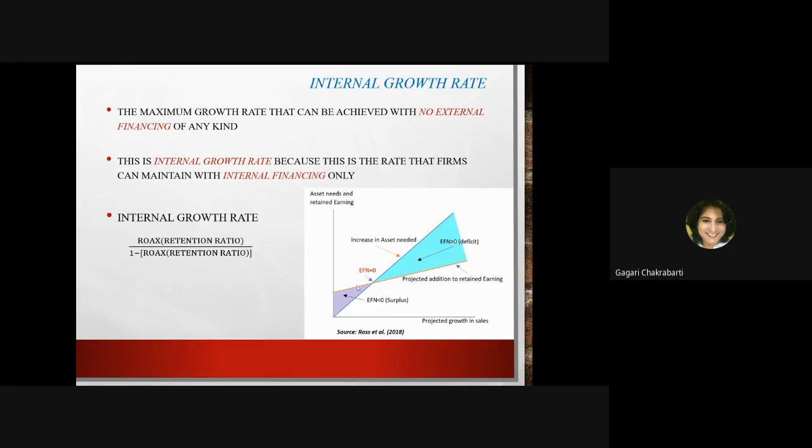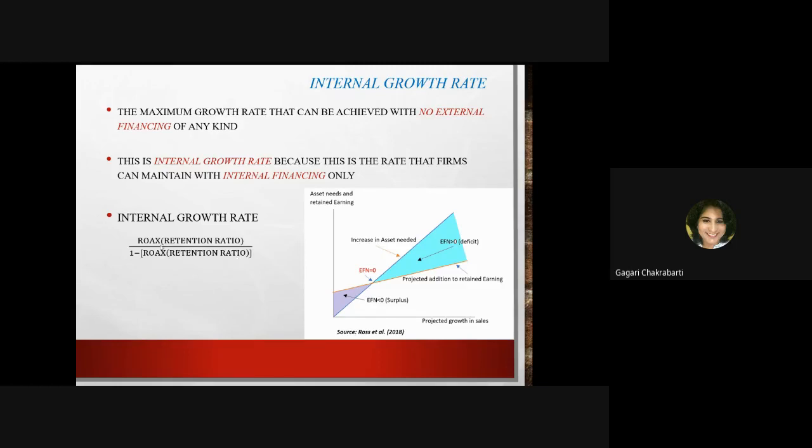So once again, we have that diagram that we considered earlier. So this is the point that we are interested in. Here is the point where EFN is equal to 0. That means in order to reach that particular point, the firm will have to have a certain growth rate, which is called the internal growth rate. This internal growth rate is defined as return on asset into the retention ratio divided by 1 minus return on asset into retention ratio.